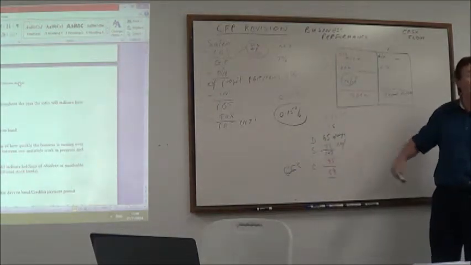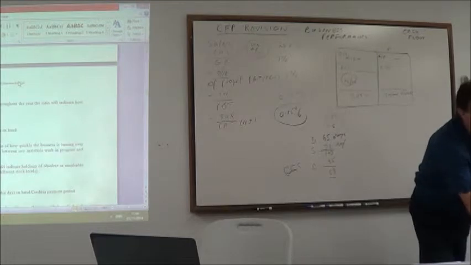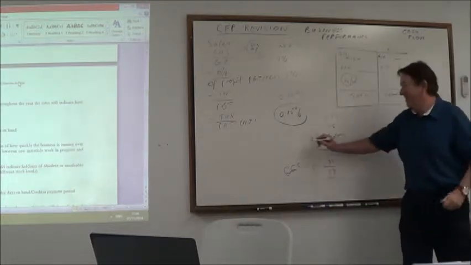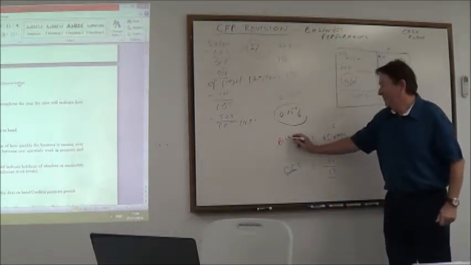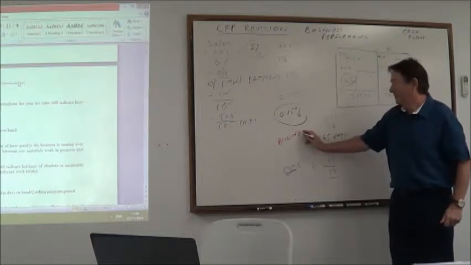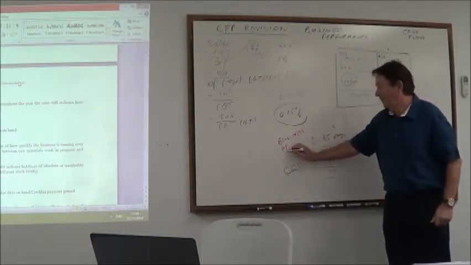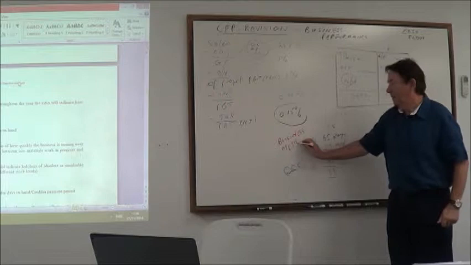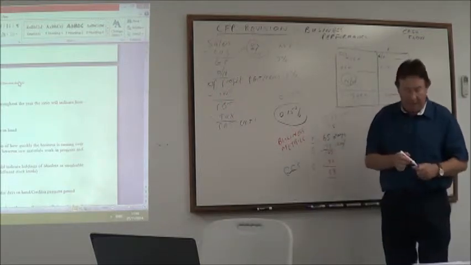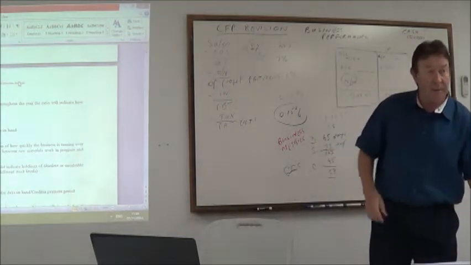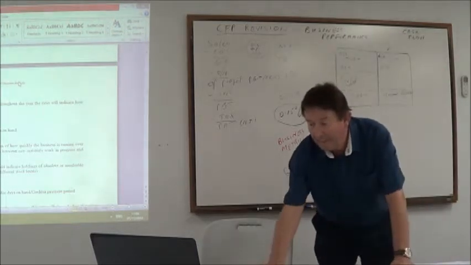Some people call these business metrics. So it's another word for you, business metrics. Okay, so those three are very important ratios. We'll go into the cash flow in a minute.